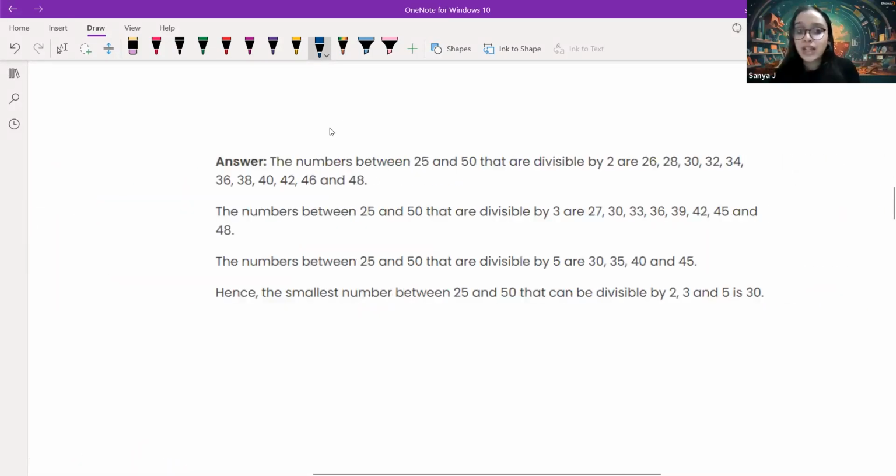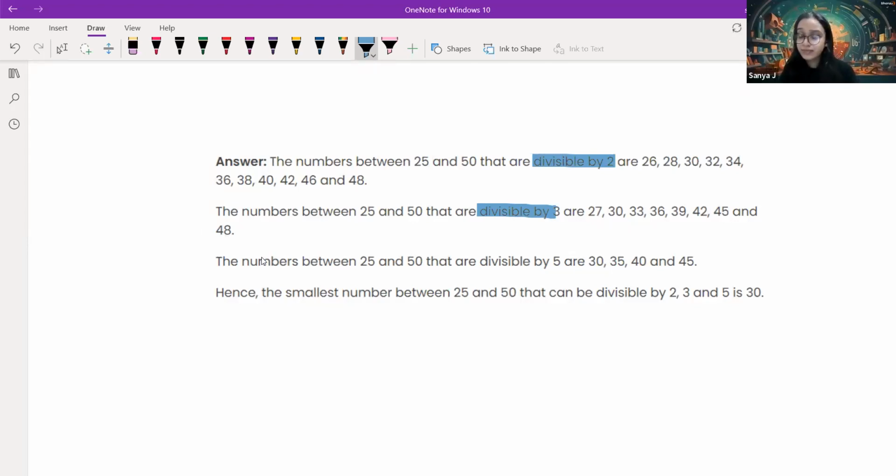Now what we have to do is find one number which is divisible by 2, 3 and 5, and that number comes between 25 and 50. So first of all, we will find all the numbers between 25 and 50 which are divisible by 2, 3 and 5 one by one. The numbers between 25 and 50 that are divisible by 2 are 26, 28, 30, 32, 34, 36, 38, 40, 42, 44, 46 and 48. Similarly, we will find all those numbers between 25 and 50 which are divisible by 3. They are these many numbers.